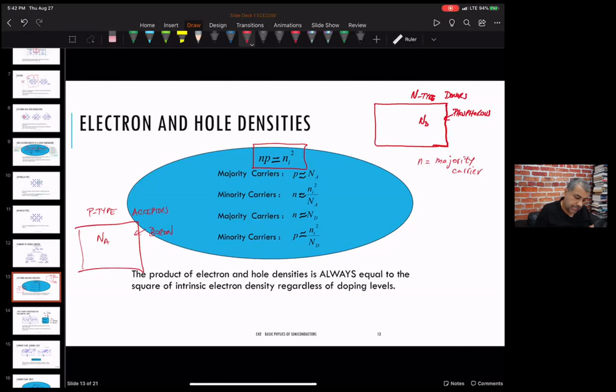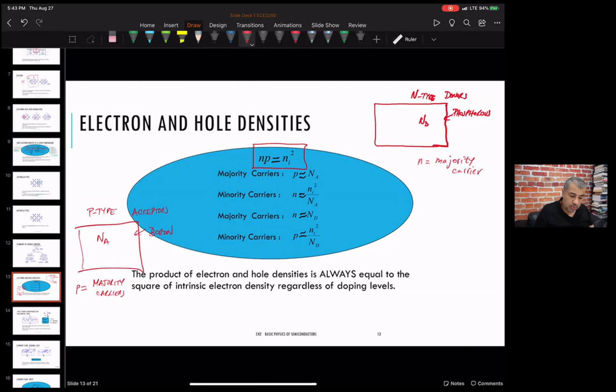In this case, holes are the majority carriers. So in N-type silicon, electrons are majority carriers; in P-type silicon, holes are majority carriers. Any questions about that?